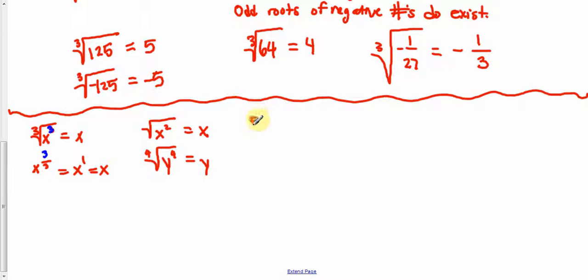What about the 5th root of x to the 5th? X. So are you seeing that if the index and the exponent are the same, the answer is just whatever the radicand is, whatever's underneath there? So if I gave you the 5th root of c plus d in a quantity, all raised to the 5th, just c plus d, right?